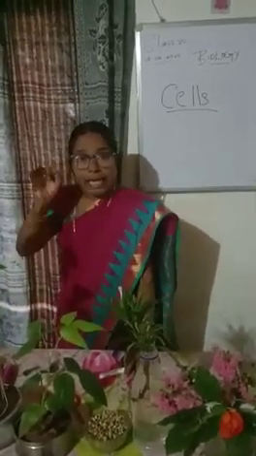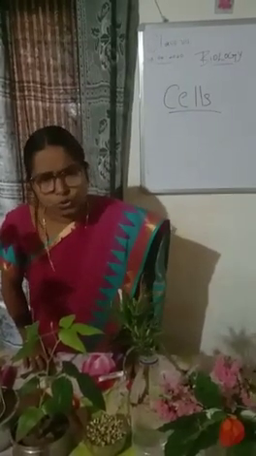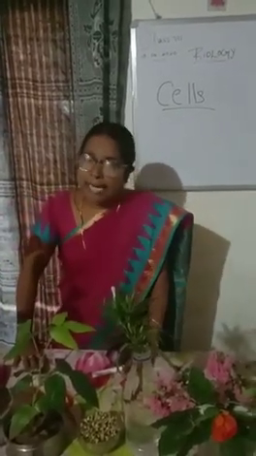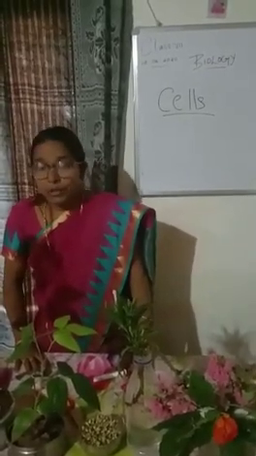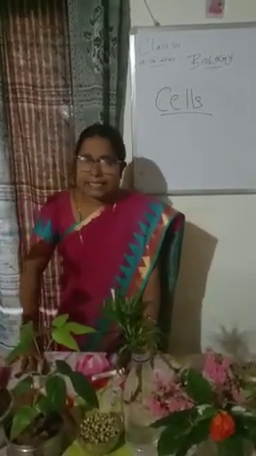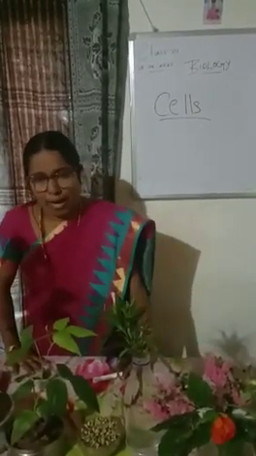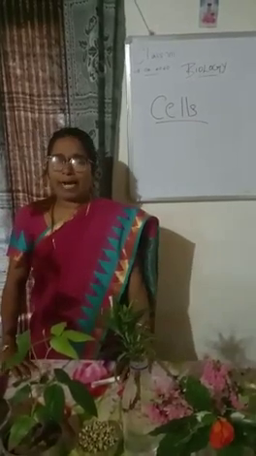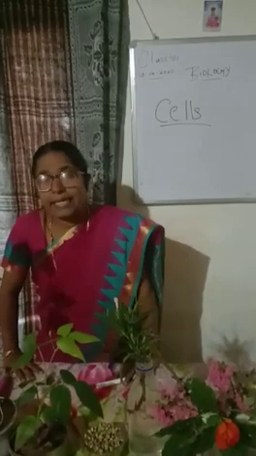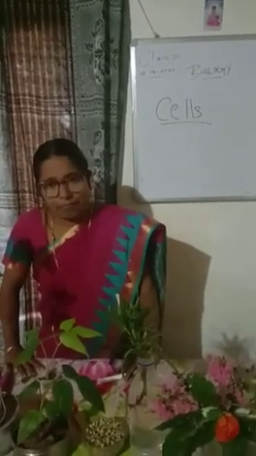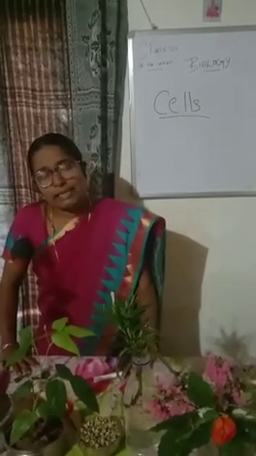Based on the number of cells, organisms are divided into two: unicellular organisms and multicellular organisms. Unicellular means organisms that possess only one cell, whereas multicellular organisms have many cells within their body. So we all originated from a single cell.